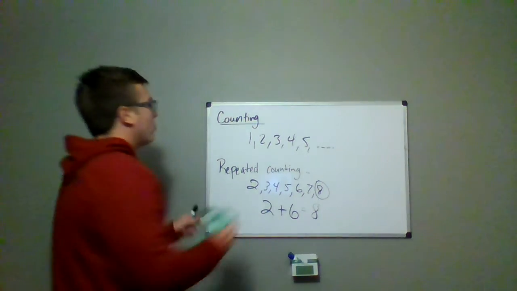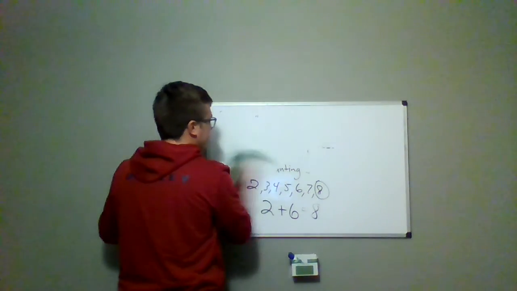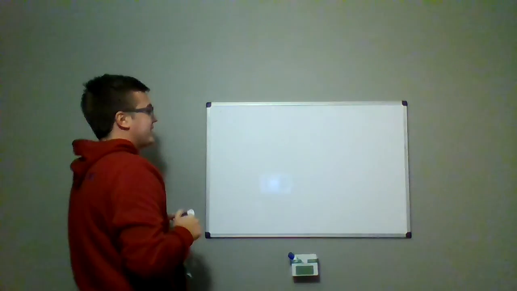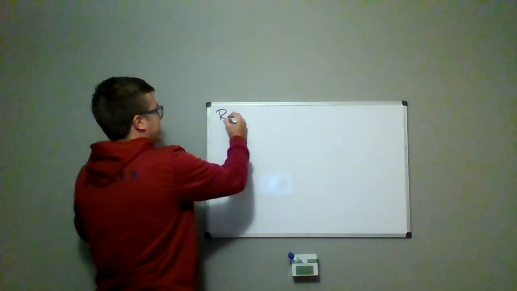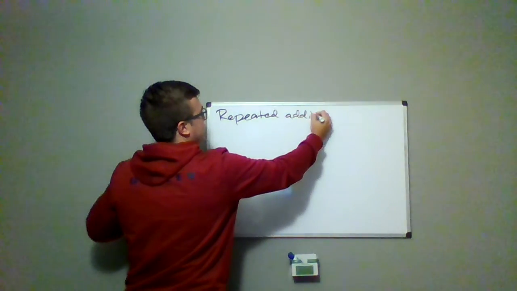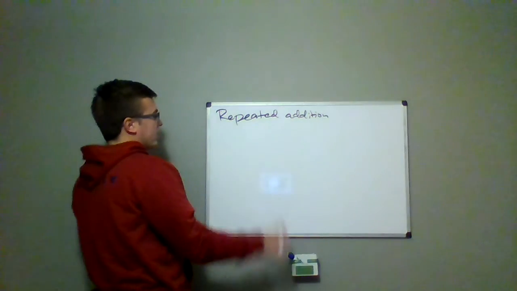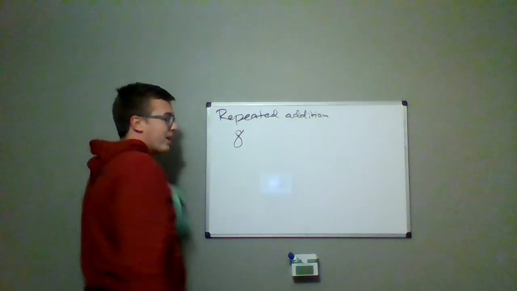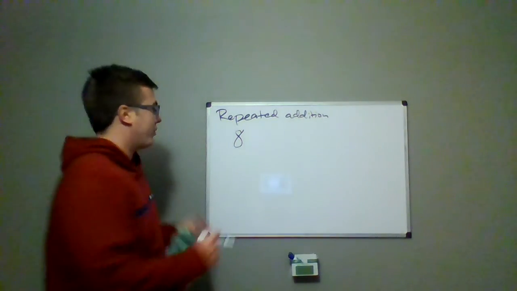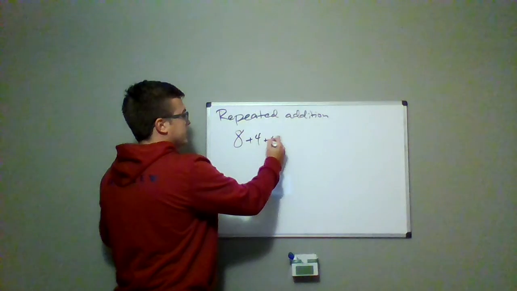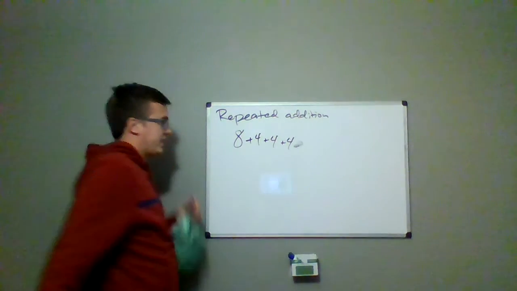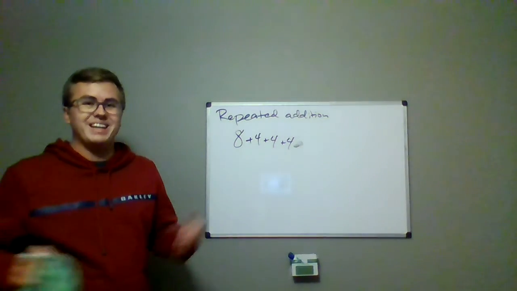And then if we take it one step further, if we do repeated addition, so let's say I'm now at 8, and I wanted to add 4 three more times. So I want to do plus 4, plus 4, plus 4. So I've got 3 4s there, right? And I want to repeat that addition of 4.